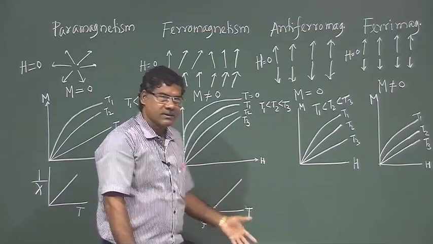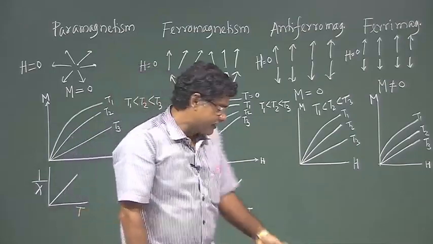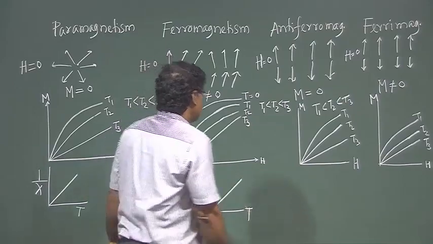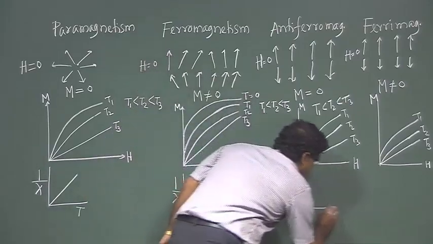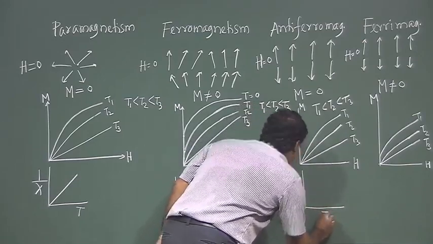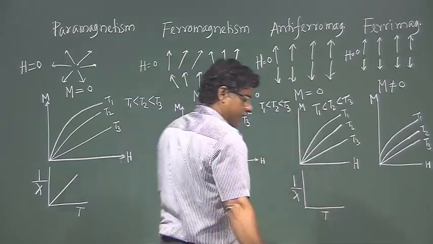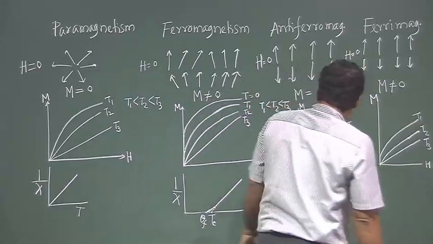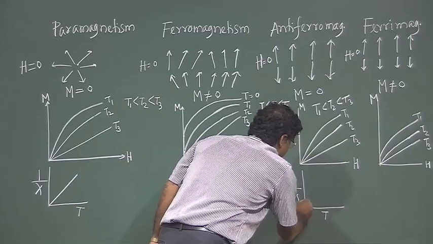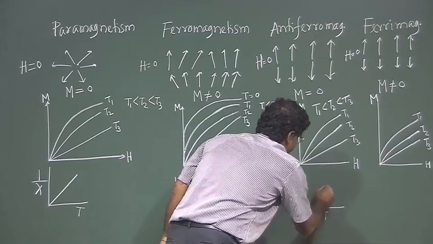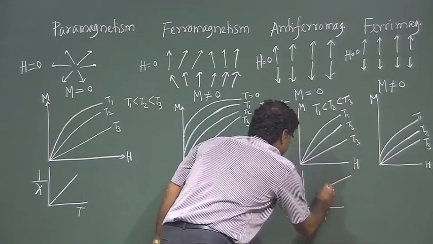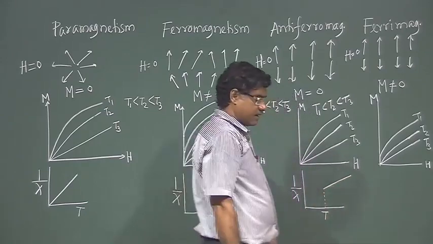So, thus we treat them as same, and in this case this 1 by chi and this temperature T, if you see. So, it's like this. Okay.